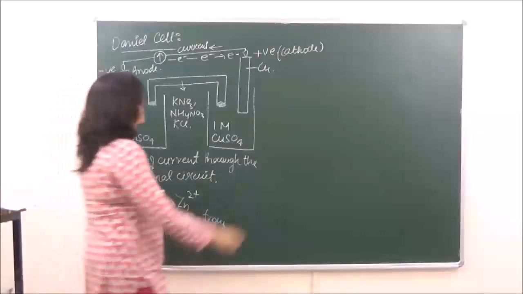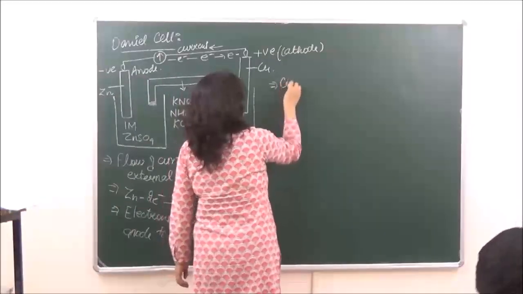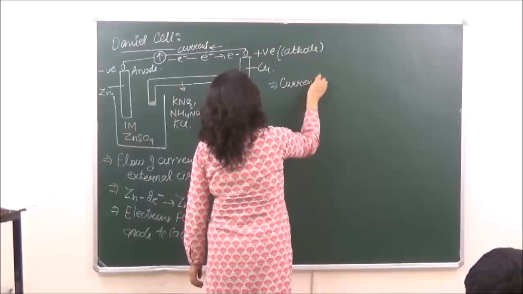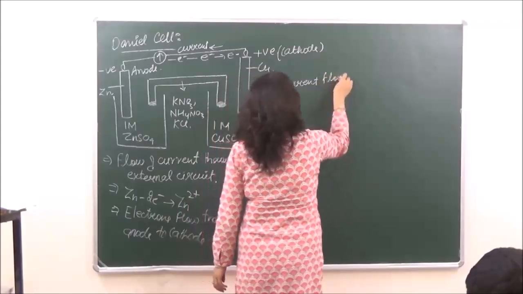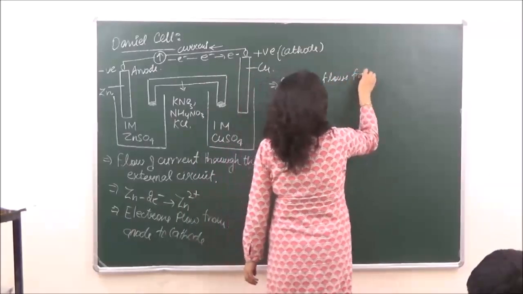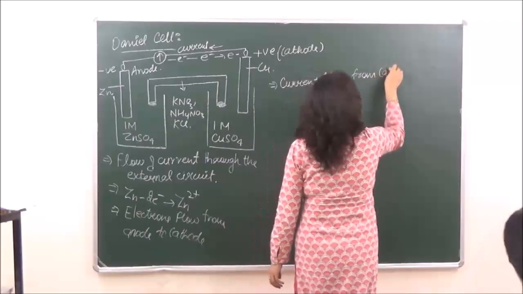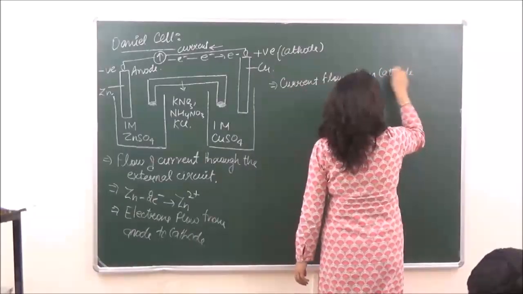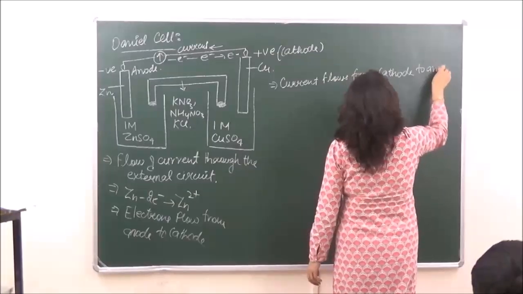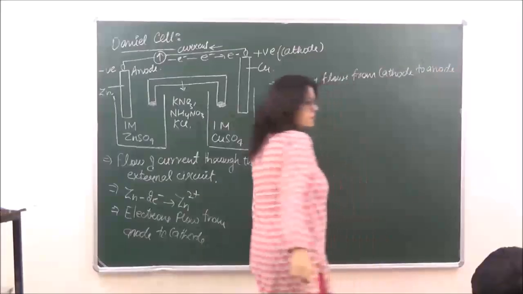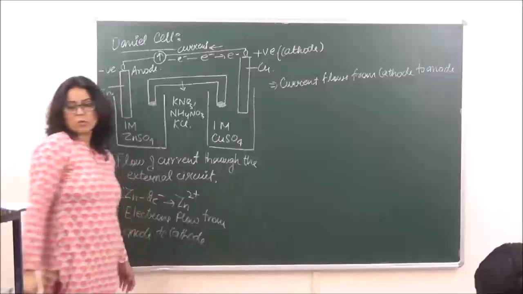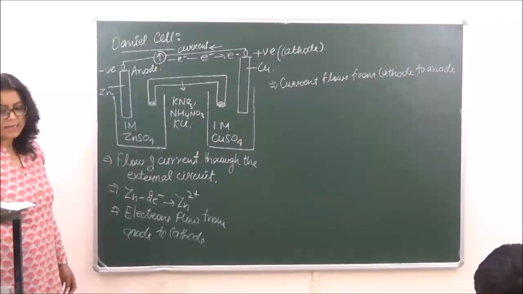Therefore we say that current flows from cathode to anode. Okay, so current is going to flow in the opposite direction.